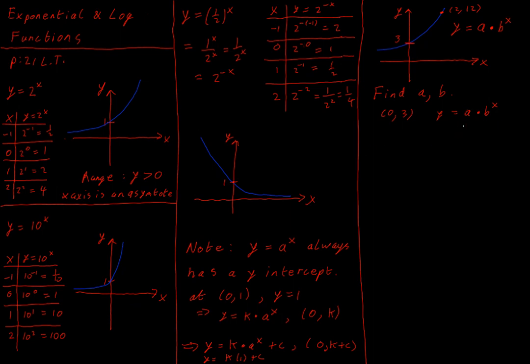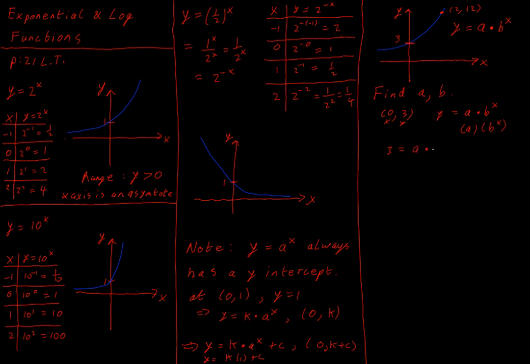You can also use brackets for this, so this could just as easily be written as a(b^x). So we can sub in x is 0, y is 3. Any point on the curve must solve the equation. This is a core point, a key point with functions and equations.